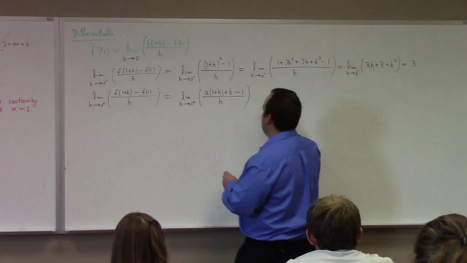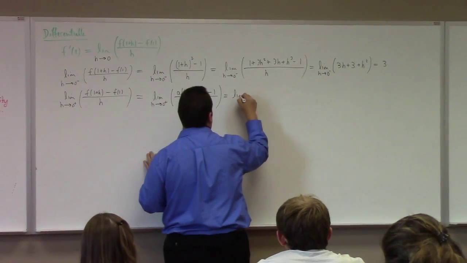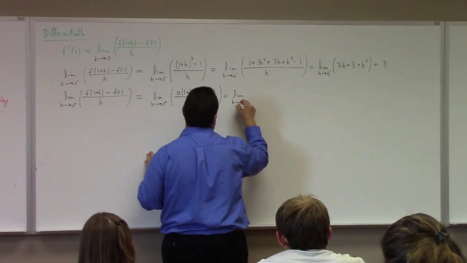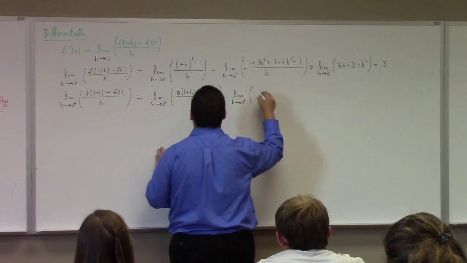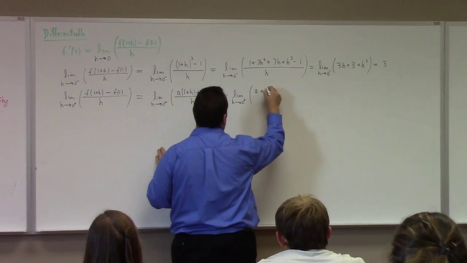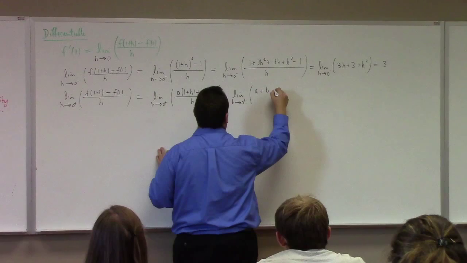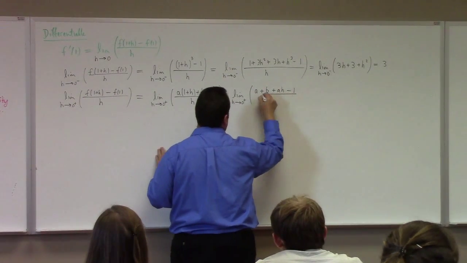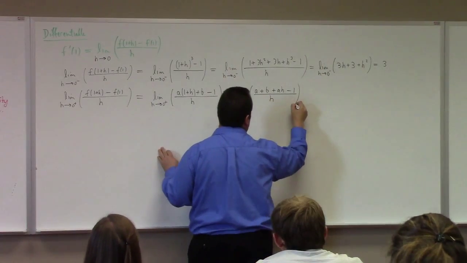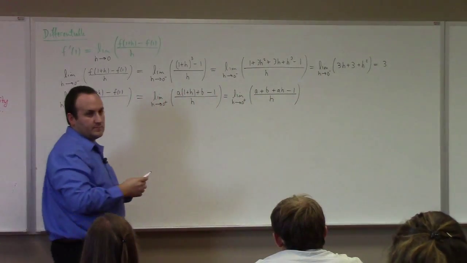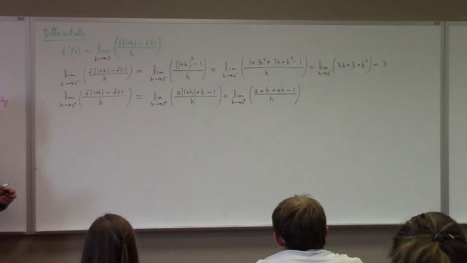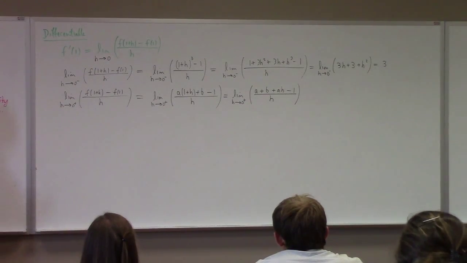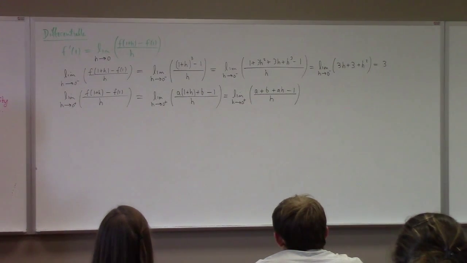And this one, if we simplify this further, what do we have? We've got a plus b plus ah minus 1 divided by h, just multiplying out. In the second one, why does f of 1 equal 1?